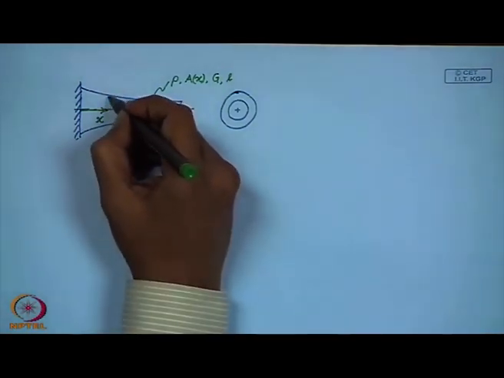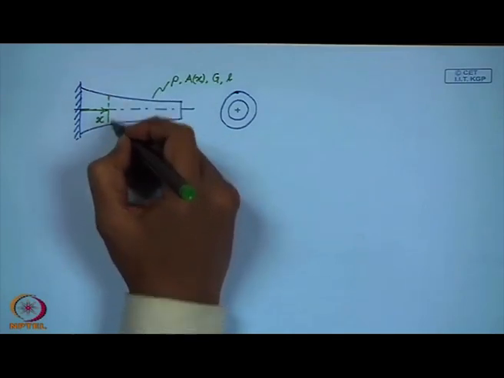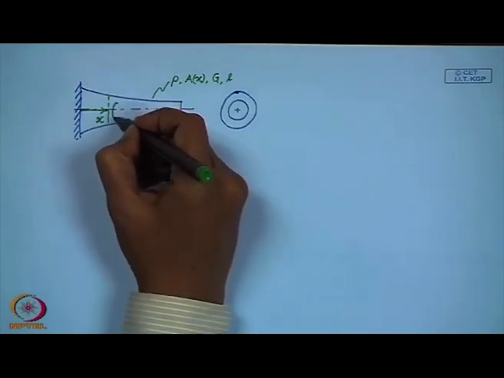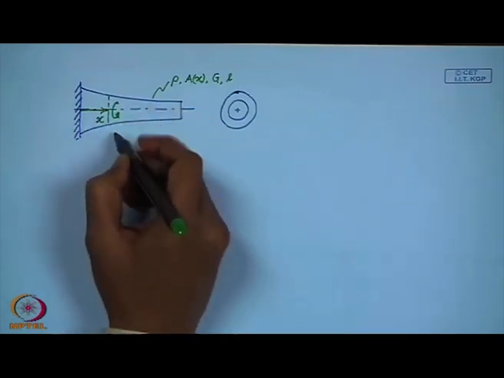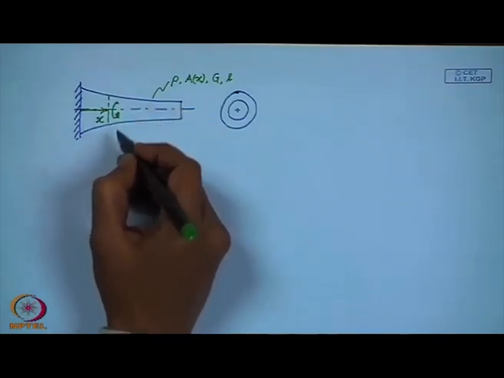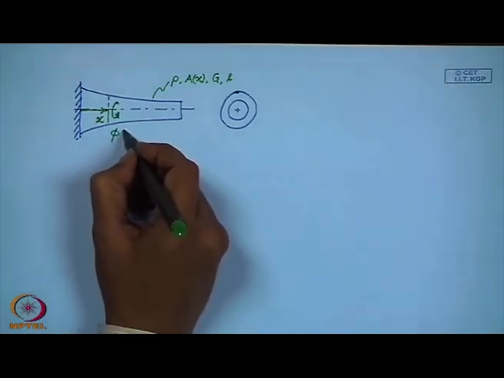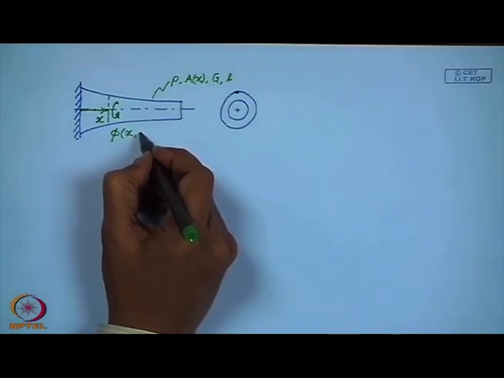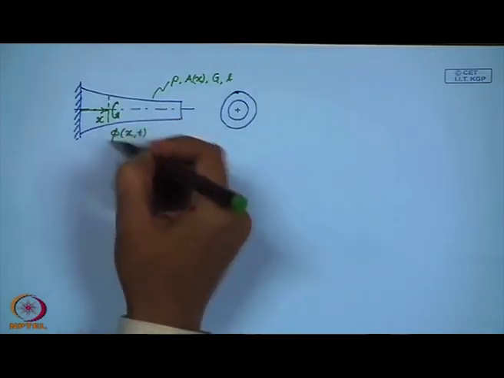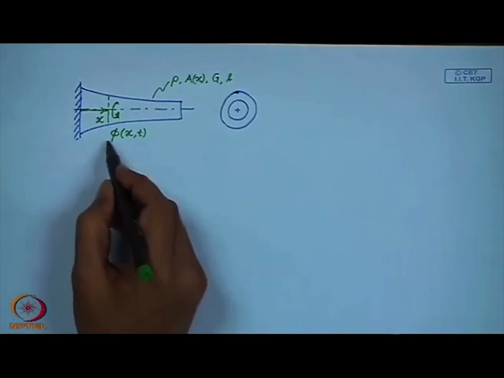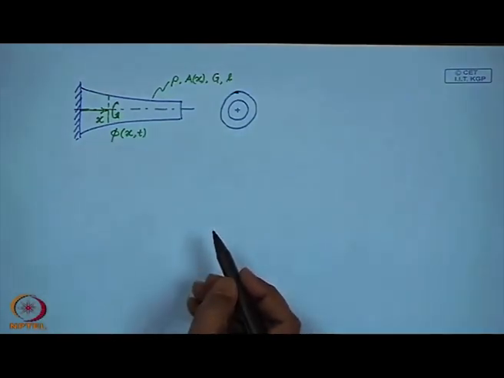Now, at any location x, the field variable that measures the torsion in the bar, the local torsional displacement of the bar, is represented by phi of x comma t.